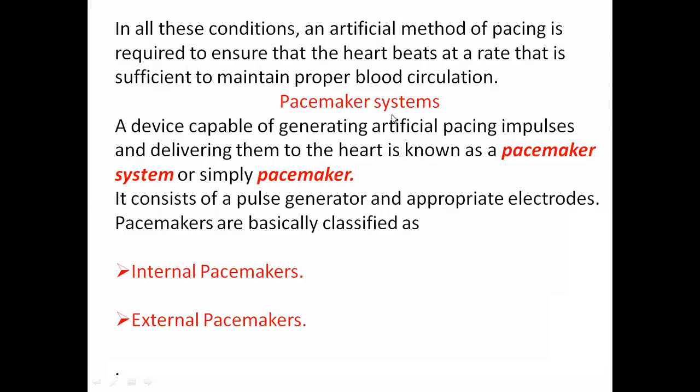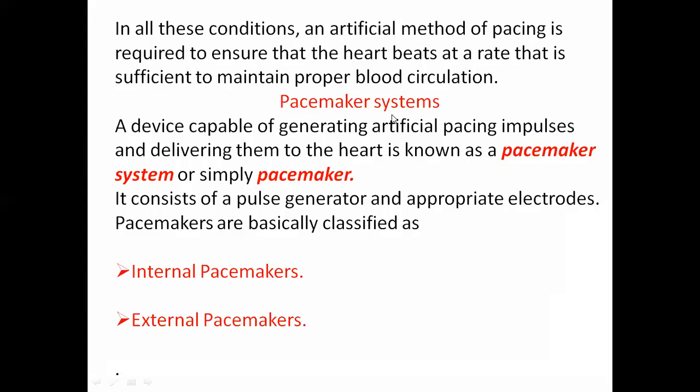After generation of these pulses, we have to transmit them to the heart, and for that we require some electrodes. So any type of pacemaker mainly consists of these two major components: a pulse generator and appropriate electrodes.